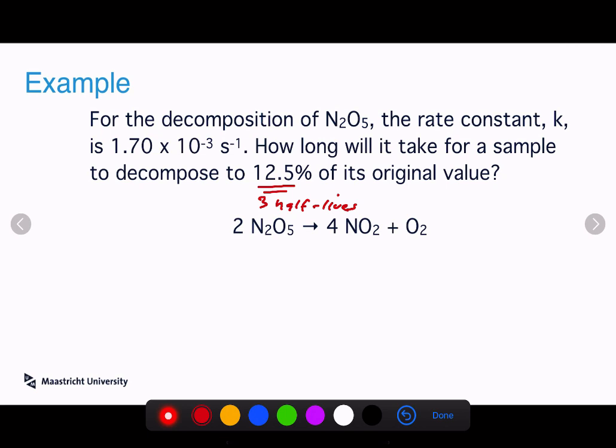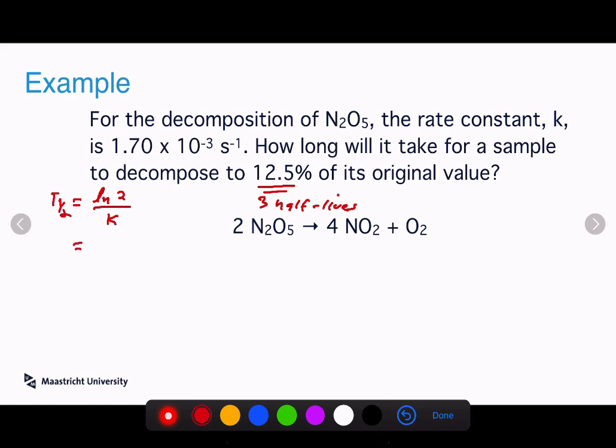The first method, we can only use because we are on an exact number of half-lives here. So for this first way, the first thing we need to do is calculate our half-life time. We know that t1/2 is equal to the natural log of 2 over k.